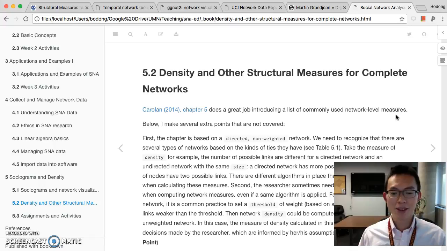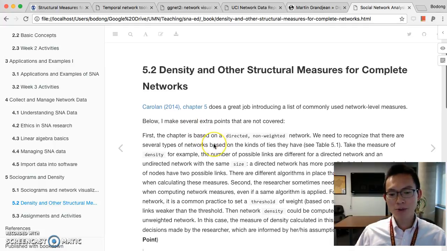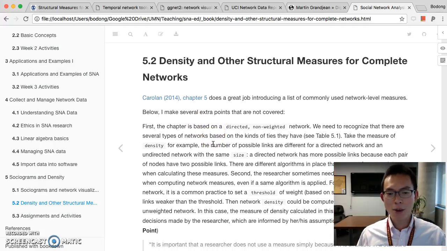In this week's reading, chapter number 5 provides a list of very commonly used measures like density, size, and I think also average path length. Those kinds of measures could be very useful for you to describe a network that you're interested in studying.